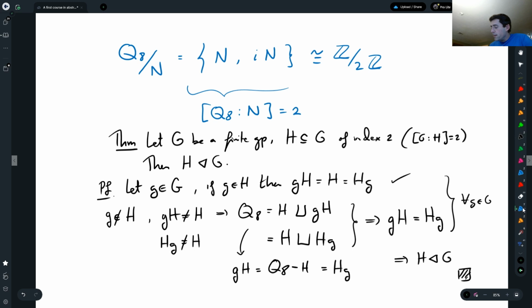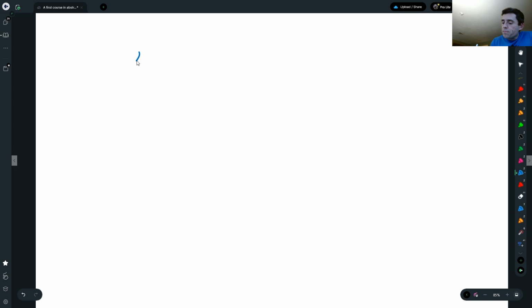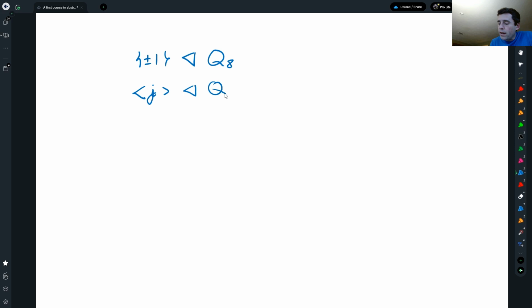So now we see that this fact alone tells me that N is a subgroup of Q8 that will be normal. So Q8 has a normal subgroup N, and now we see that in fact plus or minus 1 is normal in Q8, as we've proved at the beginning. The subgroup generated by j, I just proved that is normal in Q8.